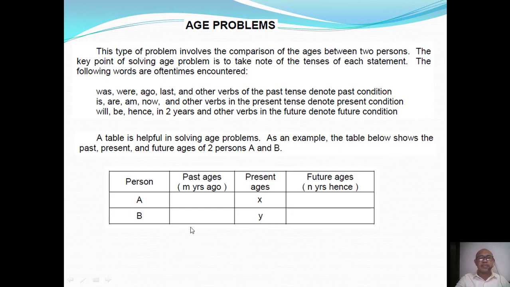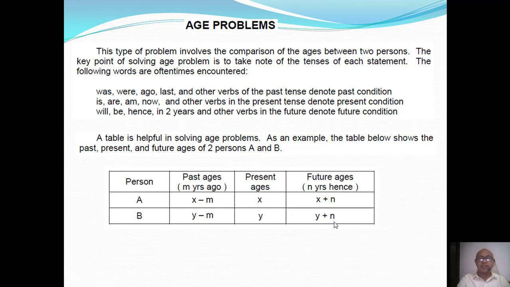In the past, let us say M years ago, A was X minus M years old and B was Y minus M years old. And in the future, let us say N years from now, A will be X plus N years old and B will be Y plus N years old.